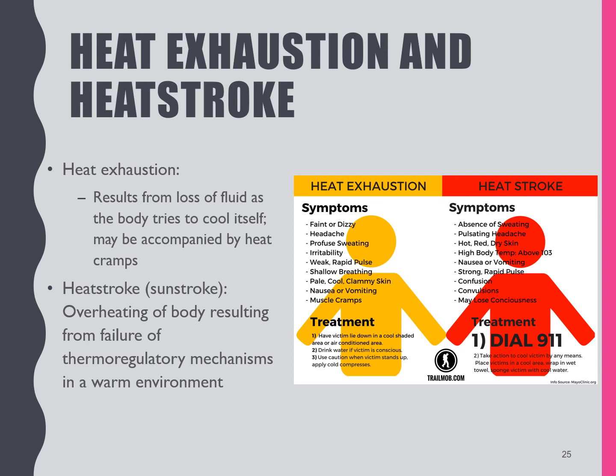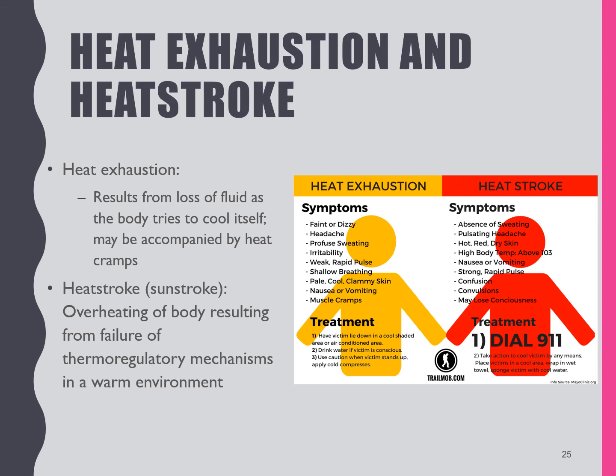And then heat stroke, we also refer to that as sunstroke. It's overheating of the body resulting from failure of that hypothalamus to regulate the temperature in a warm environment. So we're not really going to see a lot of sweating, but we're still going to have the headache. The patient's face and skin may look red or feel hot to the touch. The temperature could be 103 degrees plus.